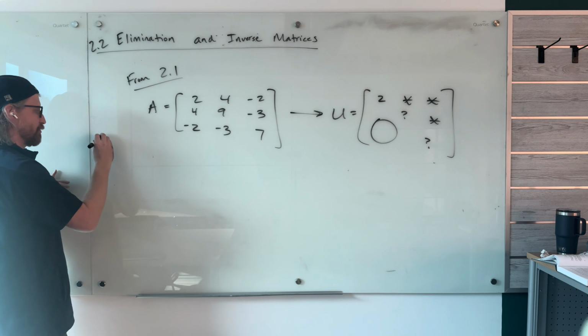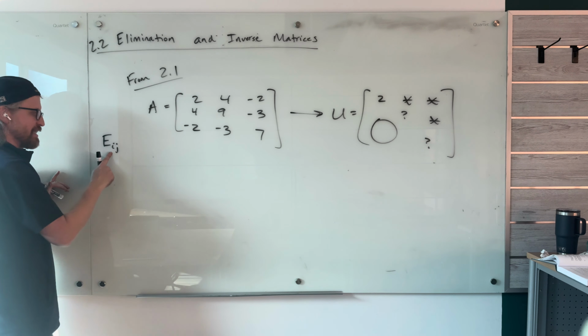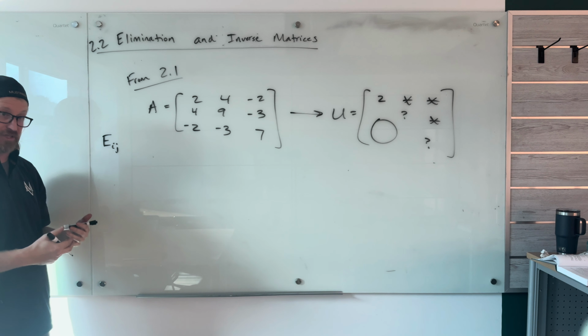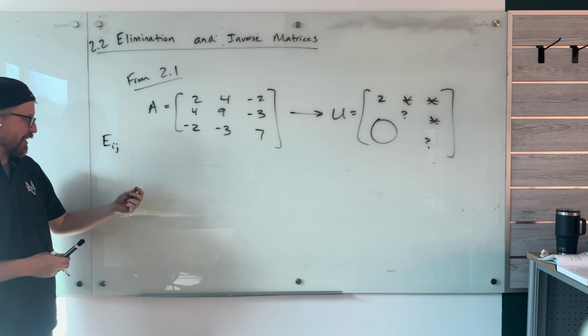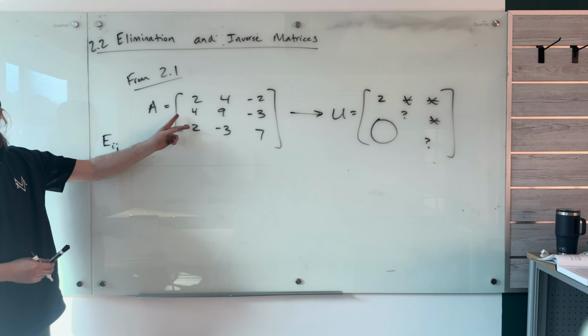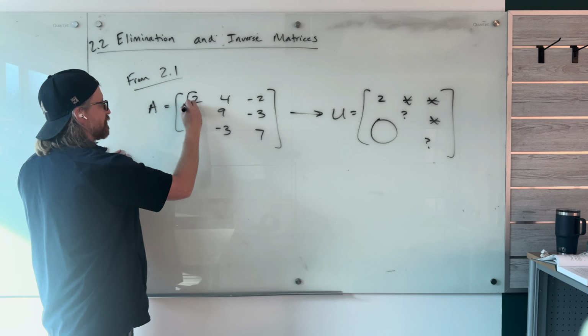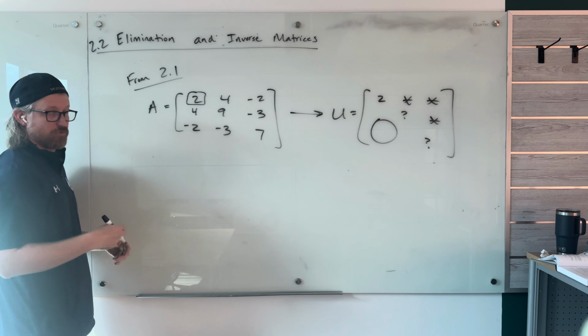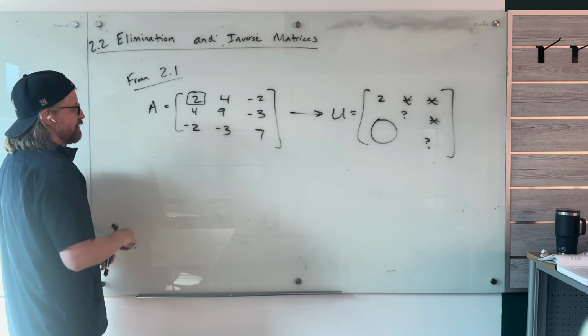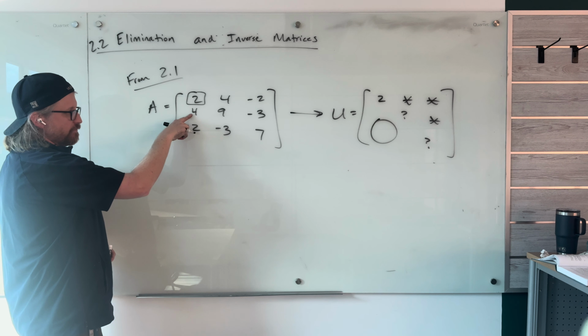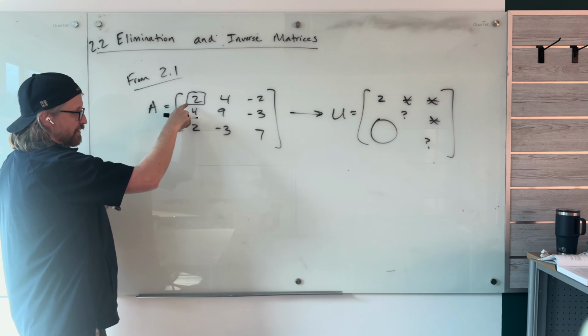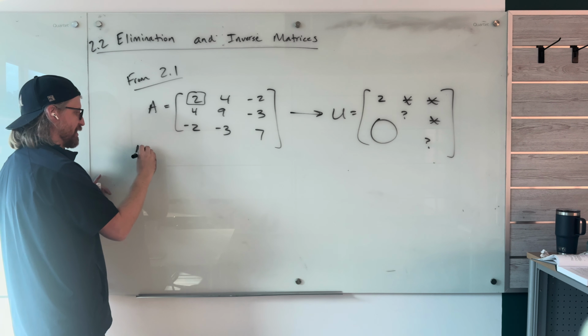And remember, as we go through and label, Eij is the matrix that's going to eliminate or zero out the ij position in my matrix A. So if I look at my A, here's my first pivot point, 2. Again, we walked through this process already. I want to eliminate the 4. So literally think about it how we just had it.